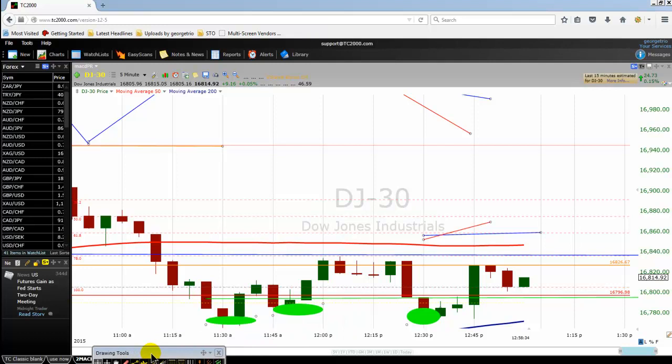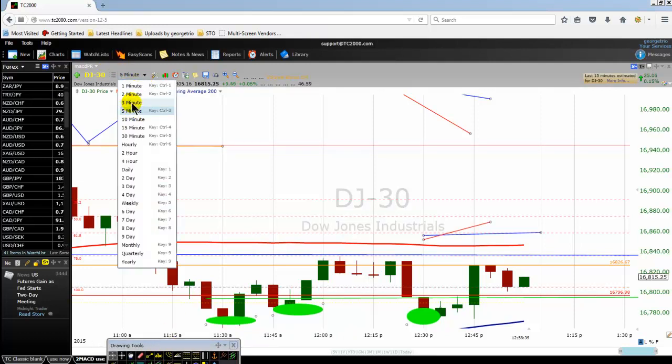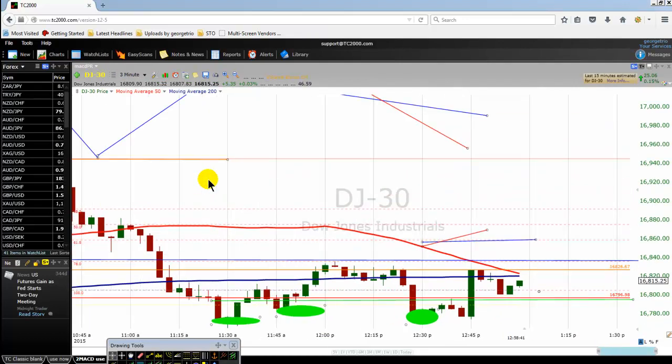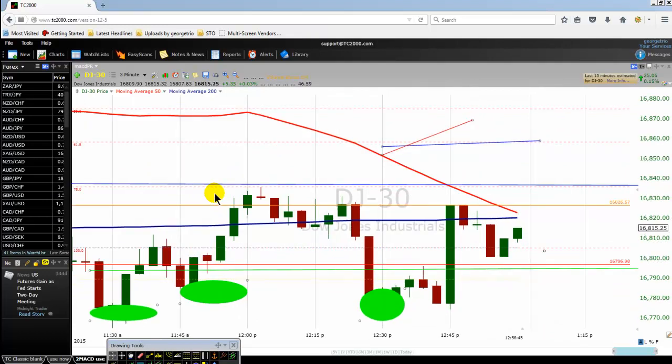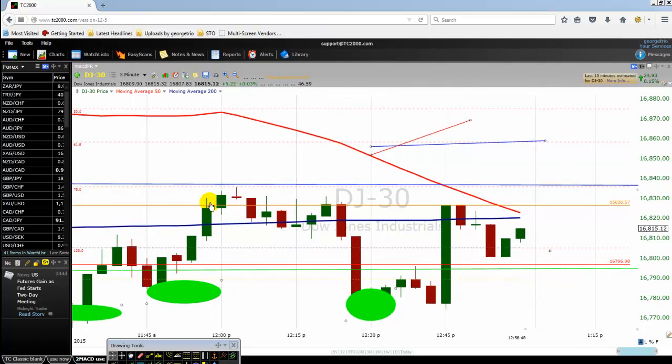I'm telling you, when I changed my time frame to 3 minutes, you remember, when I was looking for my entry, you see that I was telling you about this candle here, this one and this one, this doji and this bullish one.